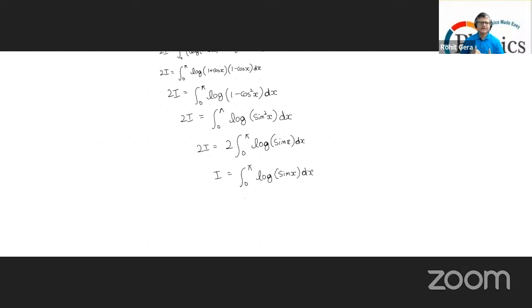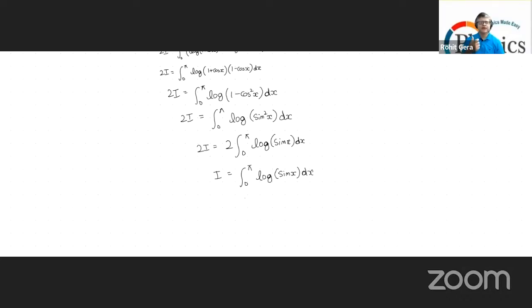Whenever I see 0 to pi, one thing is I want to convert it into 0 to pi by 2, which means if it is 0 to 2a, I can write it as 2 times, but when? Is it an odd function or an even function? That thought process should also be in your mind.